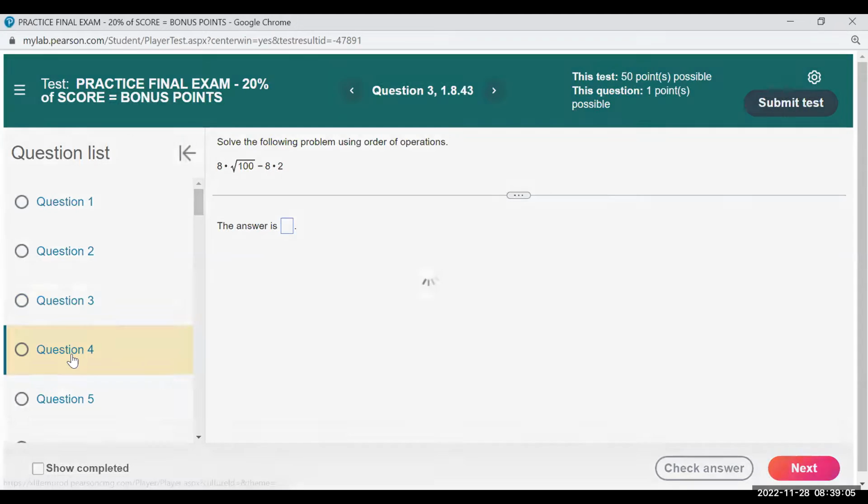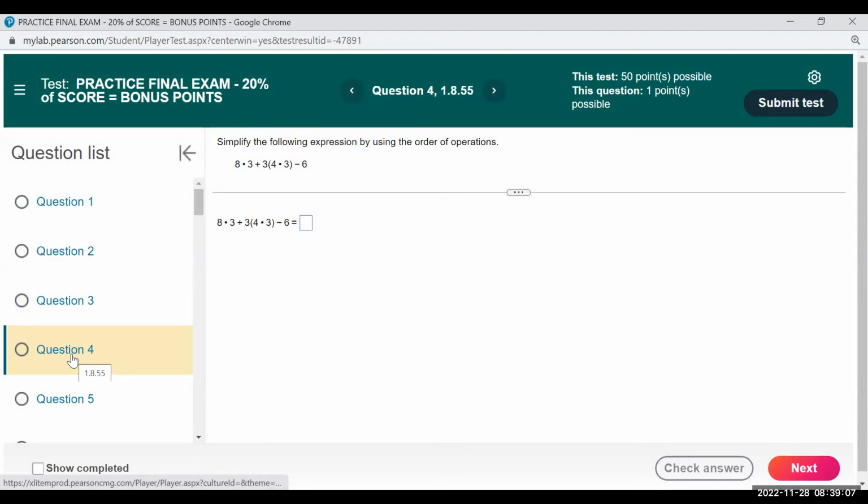Question 4. Another question using order of operations. Eight times 3 plus 3 parentheses 4 times 3 minus 6.